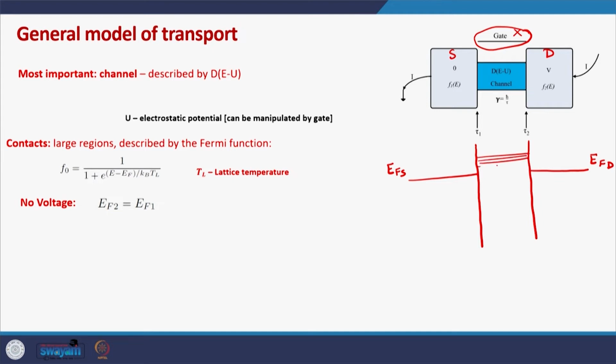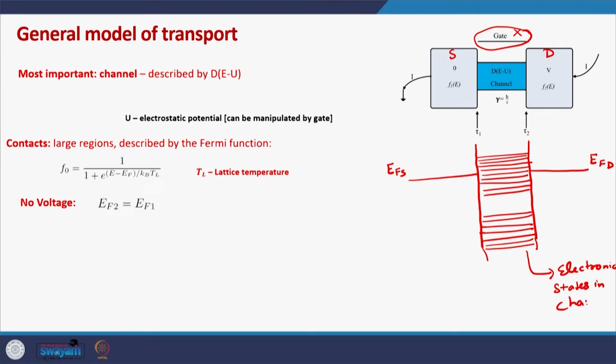The allowed electronic states in the channel are given by the density of states and the band structure of the channel. So, this could possibly be one of the electronic state configurations of the channel.